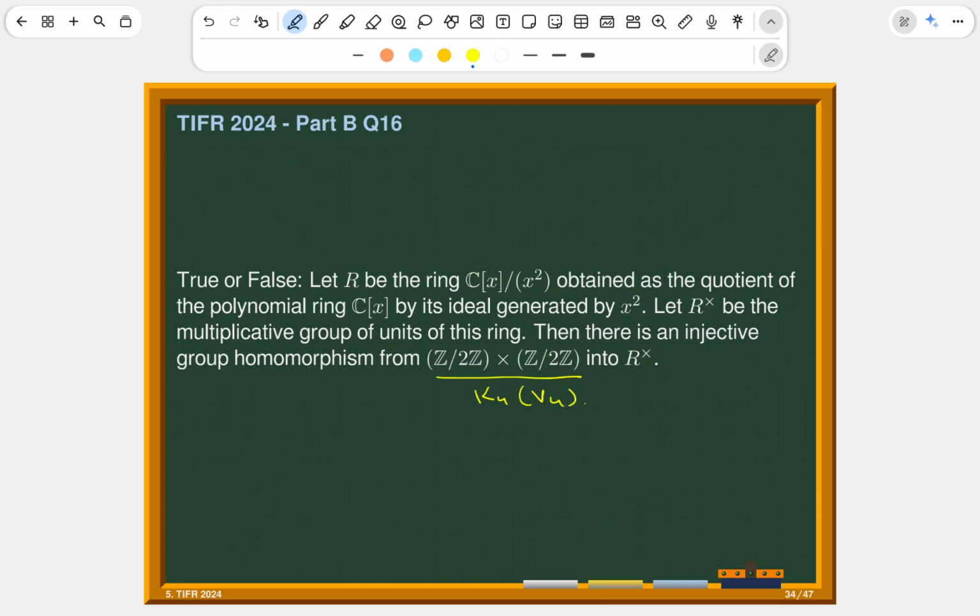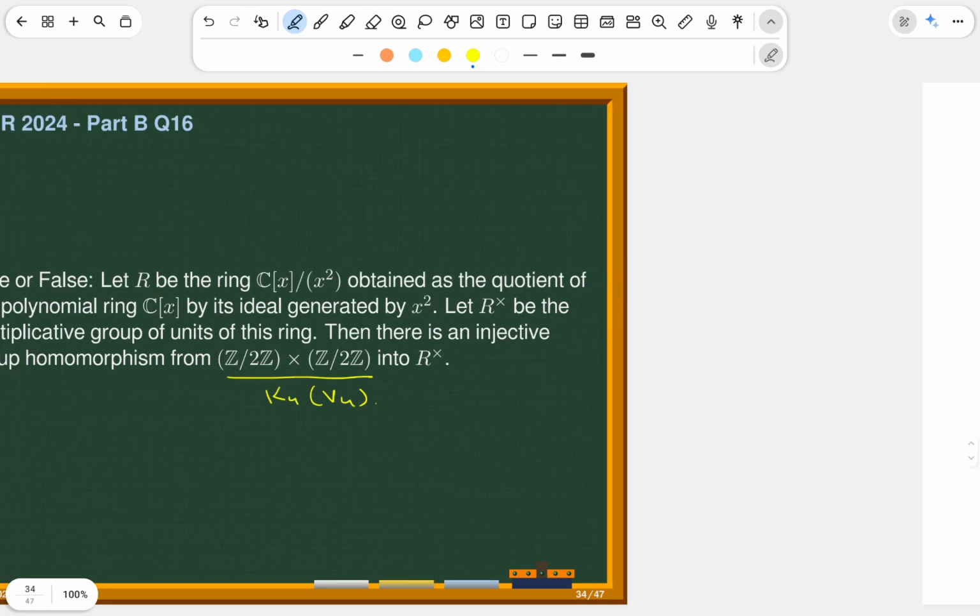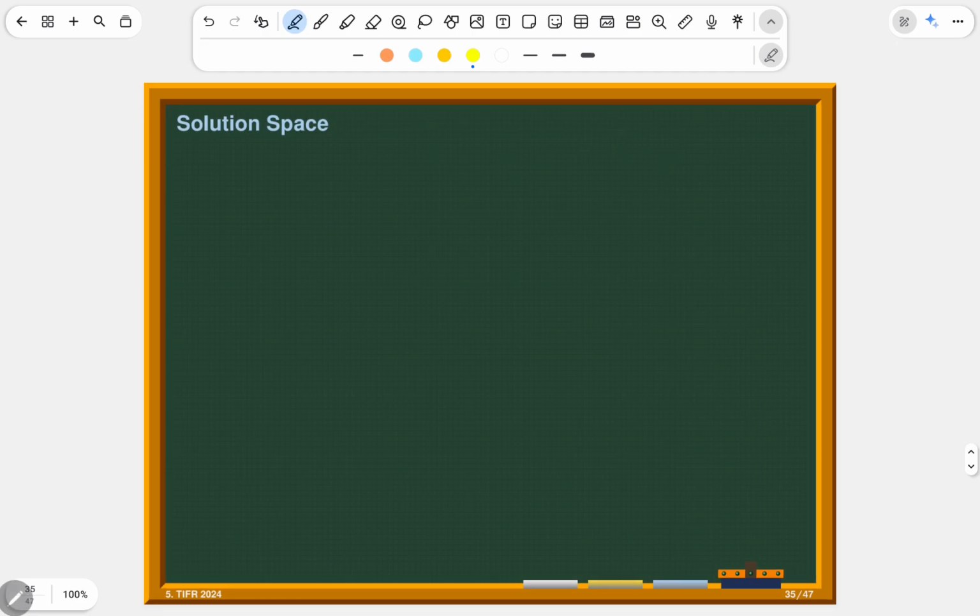Okay. So how can we try and check whether it's possible or not? Suppose you choose an element u of the form a plus b x, or rather x bar, to be valid with the notation because we are working in a quotient ring. Suppose we choose this element in R cross. Now since it's a unit, obviously a has to be non-zero.